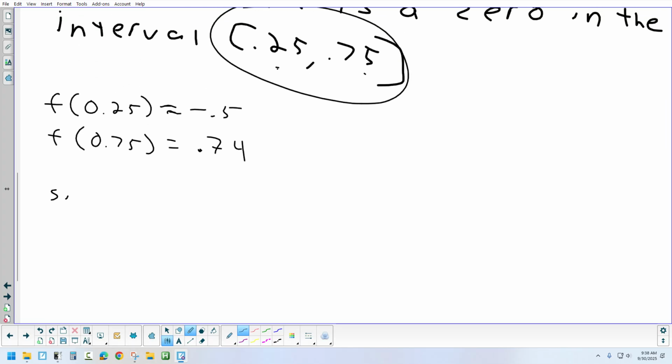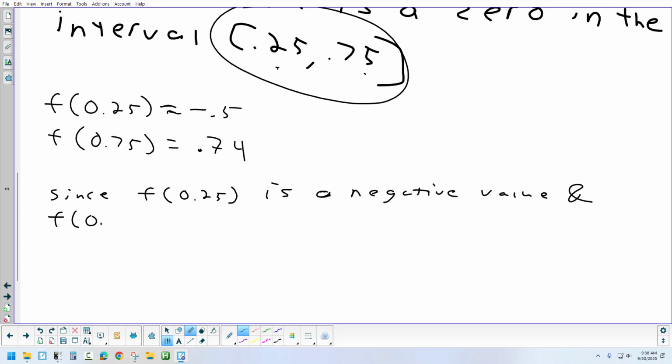So we put: since f of 0.25 is a negative value, and f of 0.75 is a positive value, and our function is continuous. That's important. If it wasn't continuous, this all goes out the window.